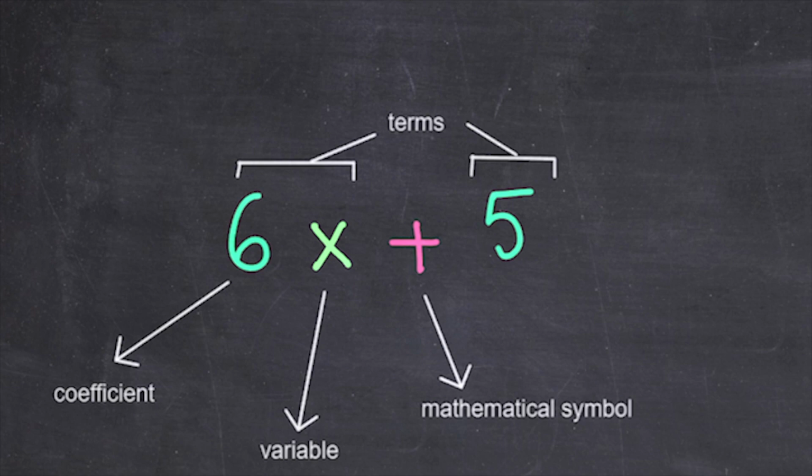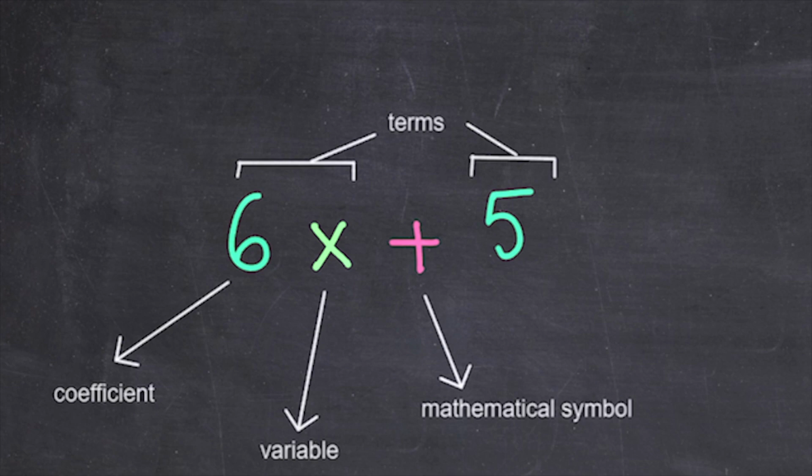Usually, the coefficient is written before the variable and not after. For example, in 6x and x6, the coefficient is 6 and the variable is x. Even though 6x and x6 mean the same thing, we always write the coefficient before the variable.